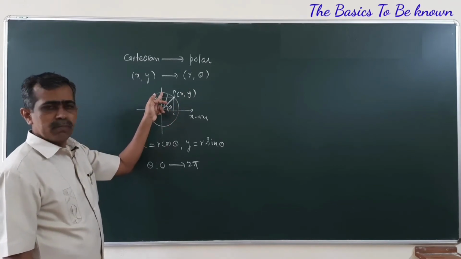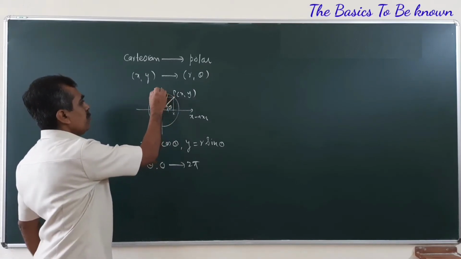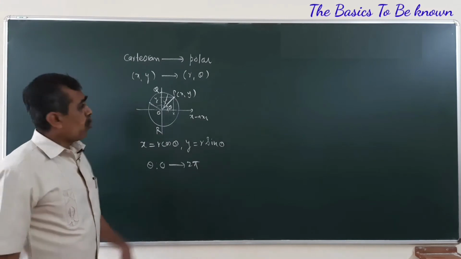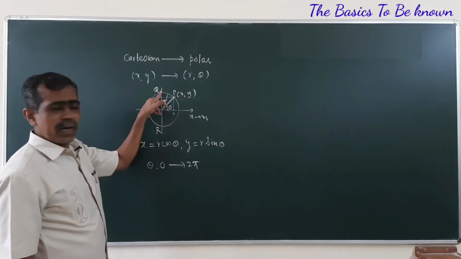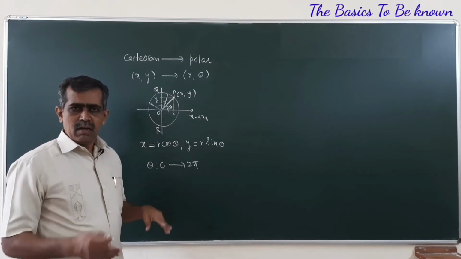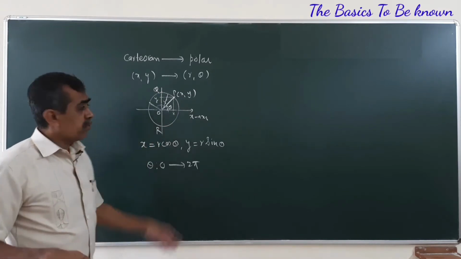Suppose here is a point Q and here is point R. If my point P moves from Q to R, what is the angle through which theta will move?